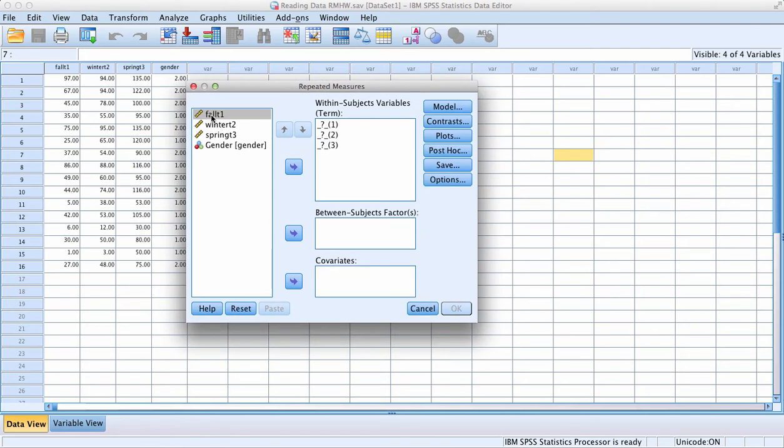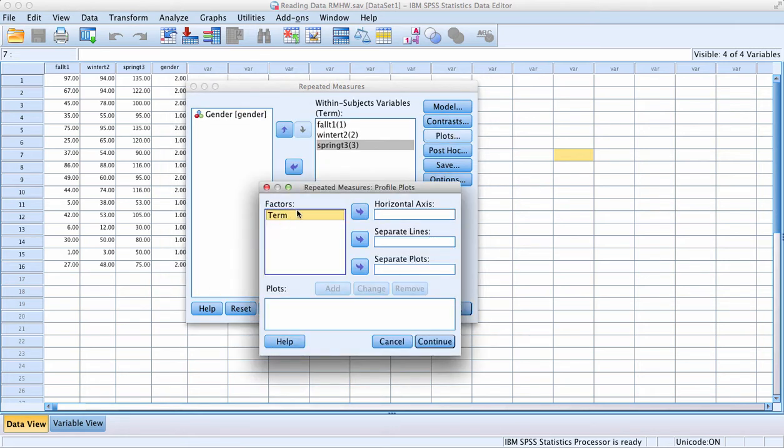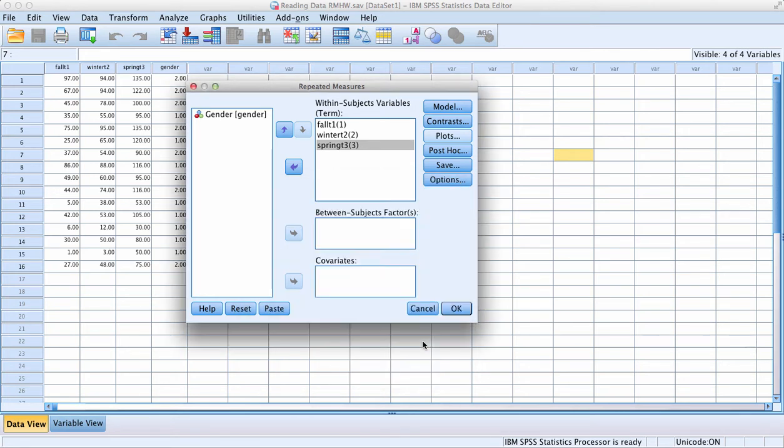Now, what we can do is we can drag the fall term, that's our first level, winter term, and then spring term. And then we want to look at plots, and because we only have one factor, we're going to put term on the horizontal axis. Now remember, we have to add that or it won't show up in the output. And then continue. Now we don't need post hoc tests in this case because we don't have any between subjects factor.